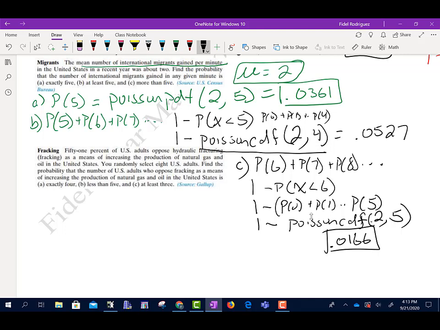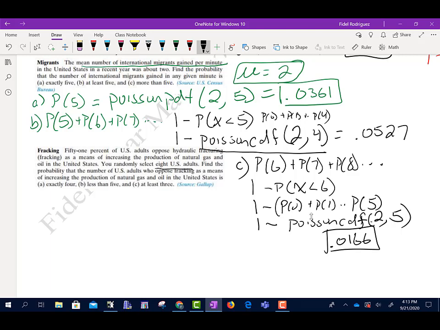Here we go. Alrighty. So now, let's take a look at the last problem we got here. And it says fracking. 51% of U.S. adults oppose hydraulic fracking as a means of increasing production of natural gas in the United States. You randomly select 8 U.S. adults.